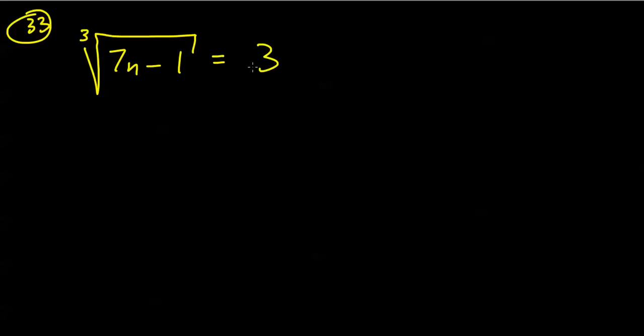We also have the possibility of order 3 or index 3 roots, or even higher index roots in these root equations. So we've got the cube root of 7n minus 1 equals 3. To get rid of this cube root sign, I'm going to raise both sides to the third power. Hopefully everybody believes that without too much convincing.